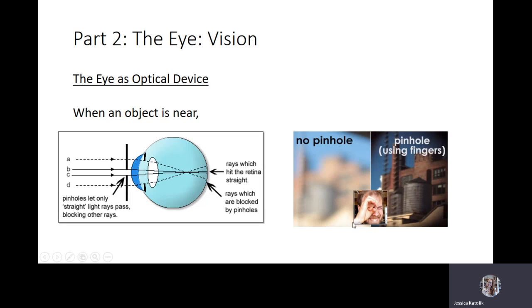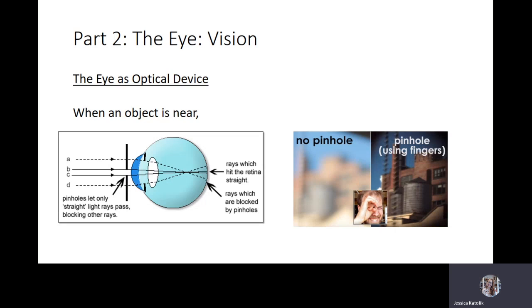You can actually play around with this using your hands. If you make a tiny hole with your fingers, like so, you can put that over your eye and it will almost act like a pinhole camera or like the iris of your eye. And it will limit the divergent light coming into your eye.